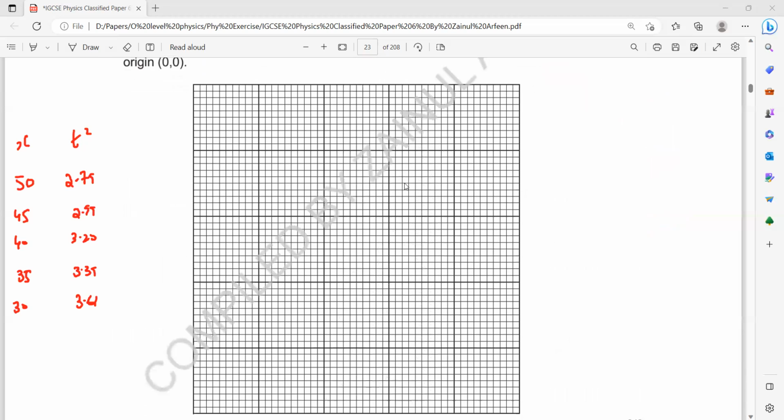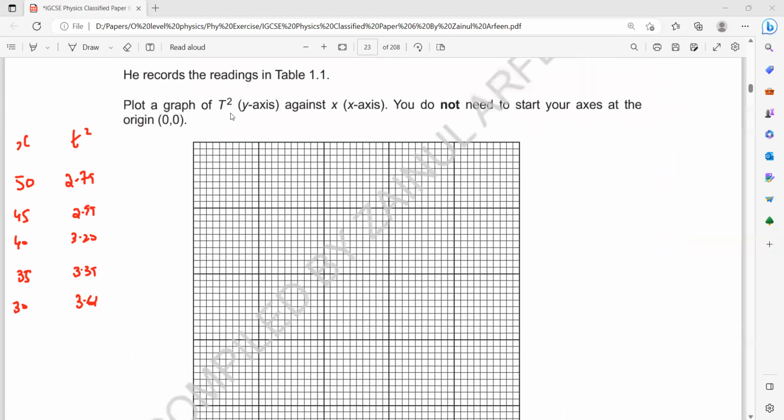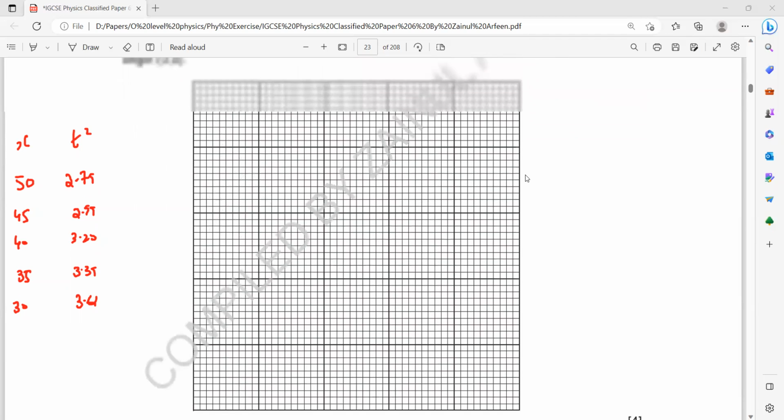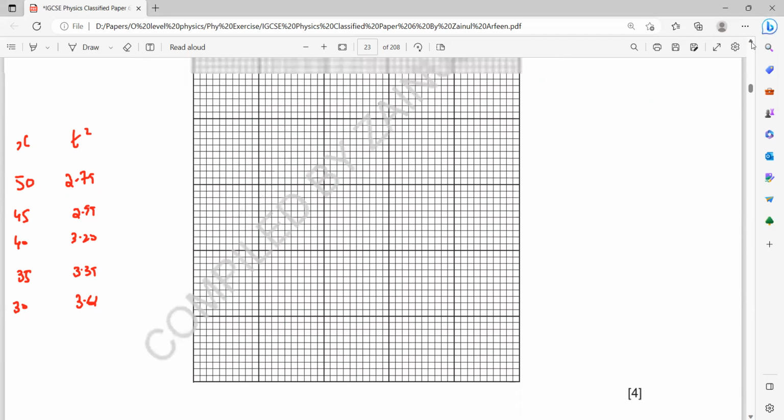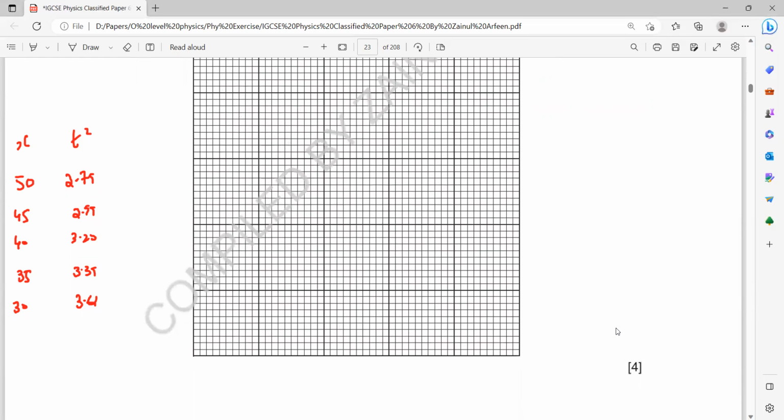So first thing, you should always label the axes. The y-axis is T square, and on the x-axis is x. And they mention you do not need to start your axes from the origin. So we don't have to start with 0, 0. We don't need 0 on the x-axis or on the y-axis.